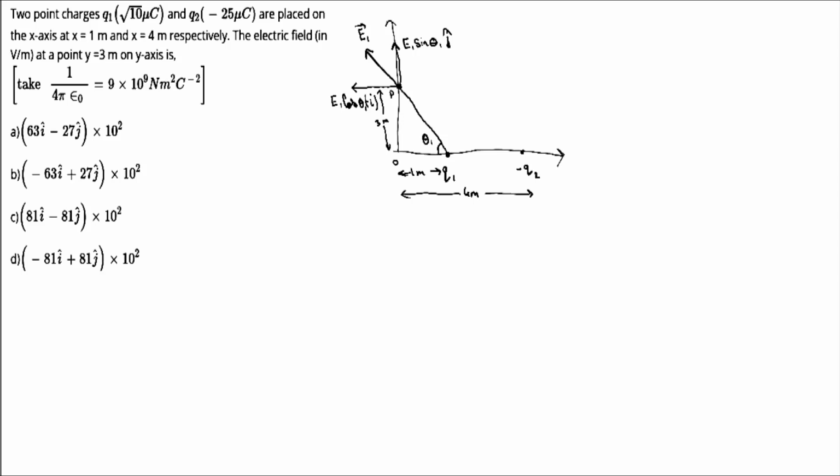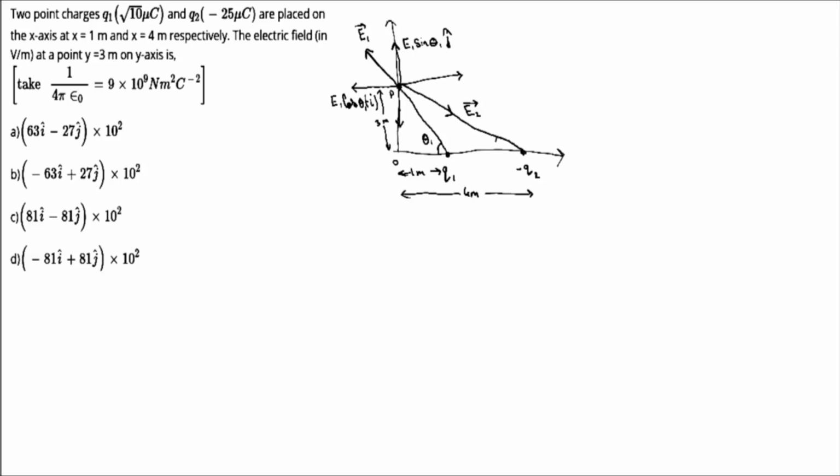Now if we talk about the next charge, Q2, this negative Q2 will produce at point P an electric field in this way. This is E2 vectorially, and it will have two components in these two directions.